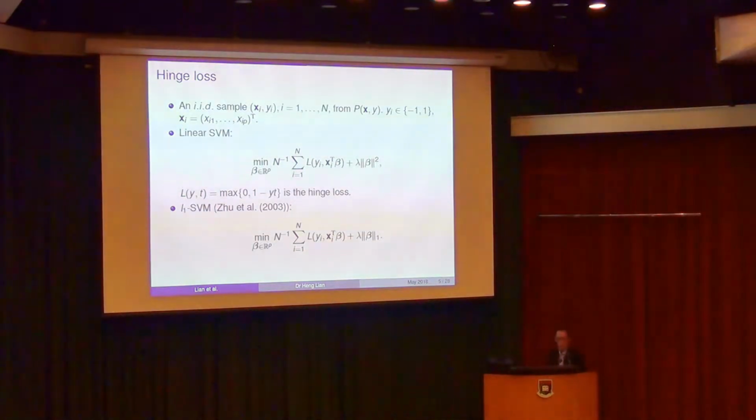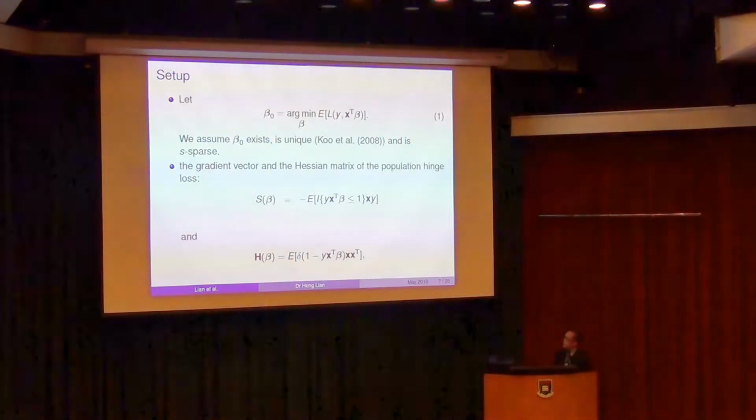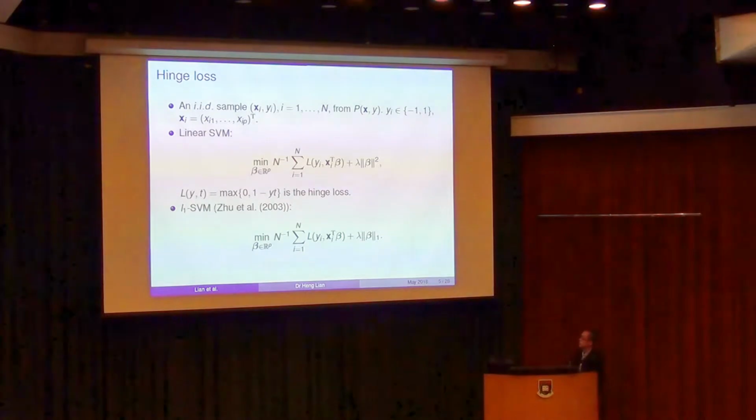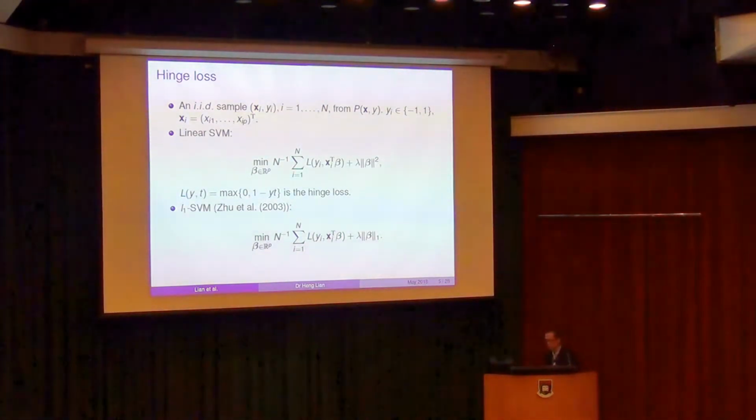Because optimizing this you can do, of course, but if N is very big, it's not feasible. So let's look at the standard case first. We just try to solve this problem with the L1 penalty, the L1 norm on beta.